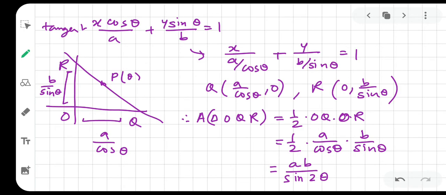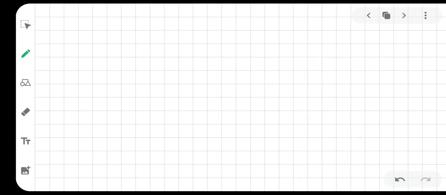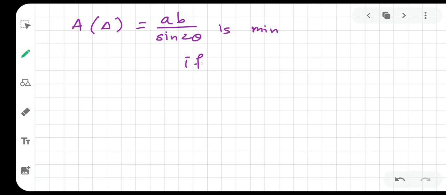Now, area of triangle, हमें मिला AB upon sin 2 theta is minimum if sin 2 theta is maximum, correct?